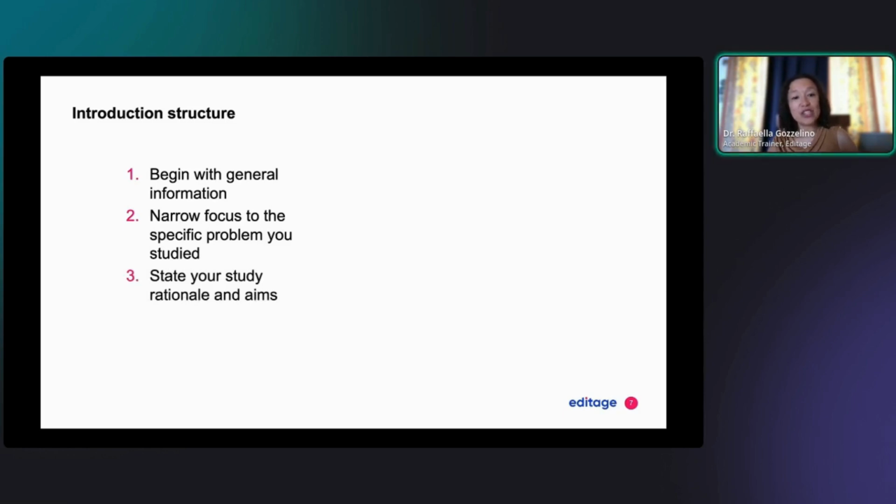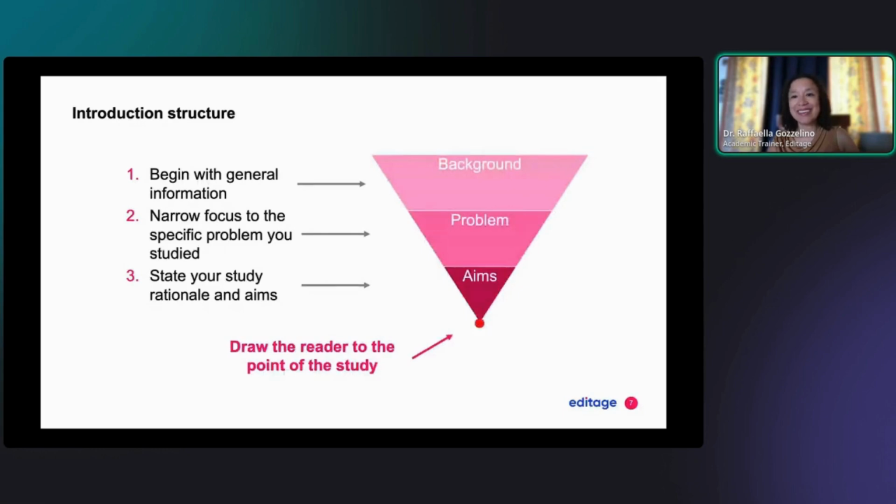And then you state your study rationales and describe the aims that your manuscript will address. So if we look at it figuratively, it is like an upside down pyramid, where you start very general, then you tackle the problem, and then you do the specific aims. What I mean by general background is something that is really setting the reader on the problem.